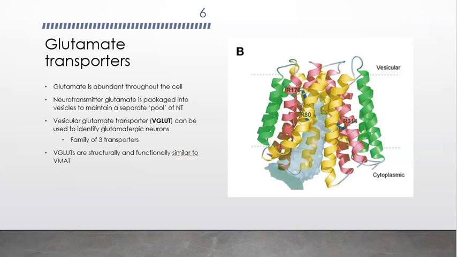Now, once glutamate is made, it's packaged into vesicles so that it can be kept separate from other neurotransmitters that may be made in the same cell, or just to keep it separate from everything else. Remember that our monoamines get put into vesicles using VMAT. Glutamate gets put into vesicles using V-GLUT, the vesicular glutamate transporter.